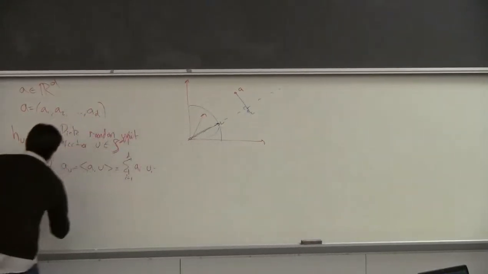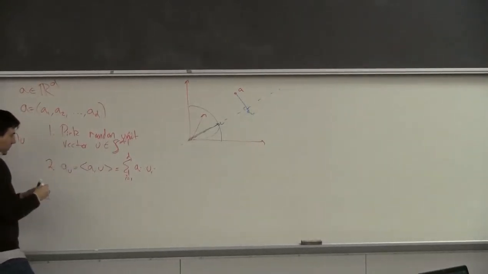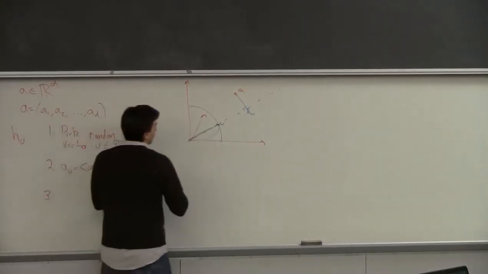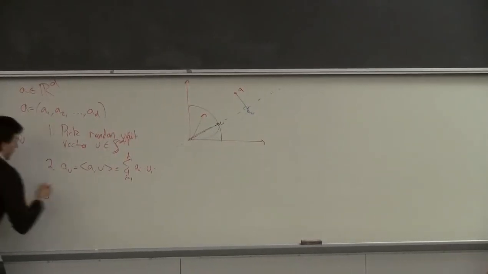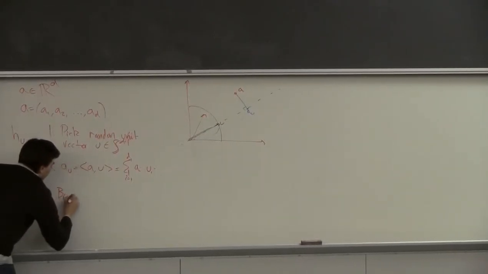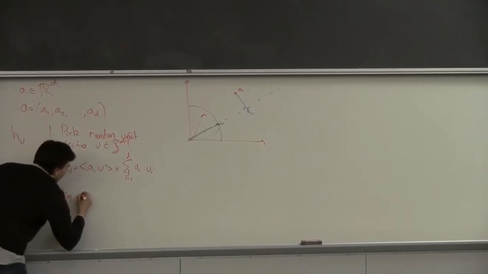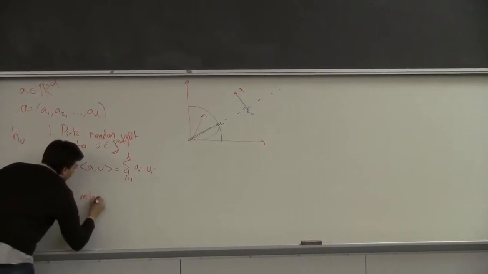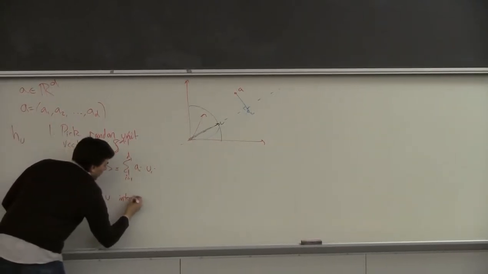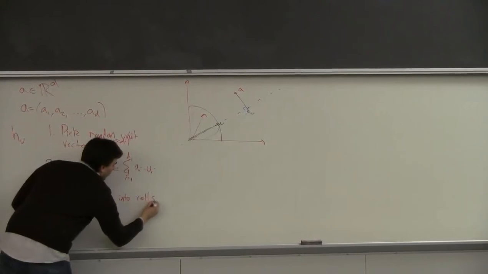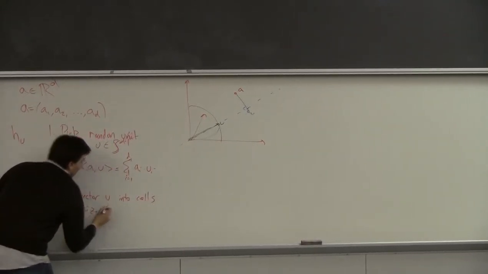So now, step 3: I'm going to bin the values a dot u into cells of size 1.